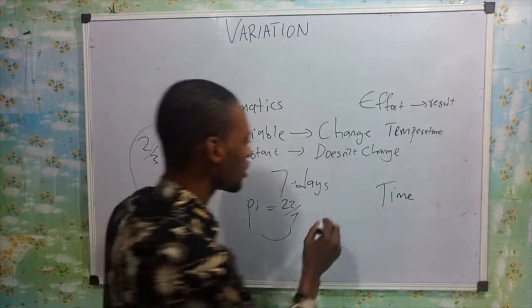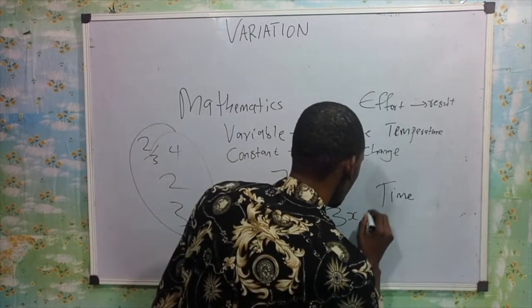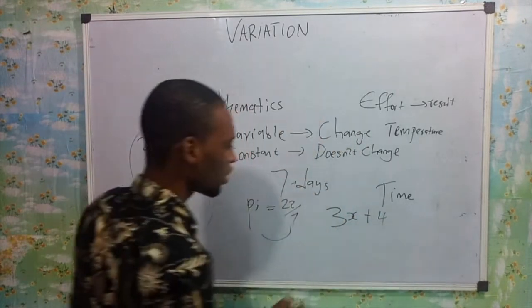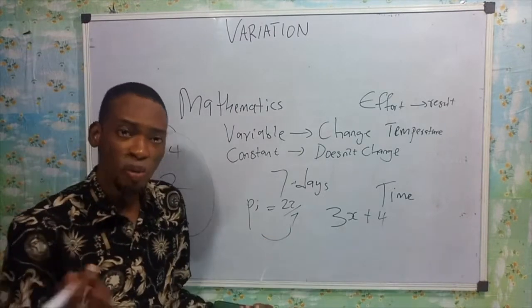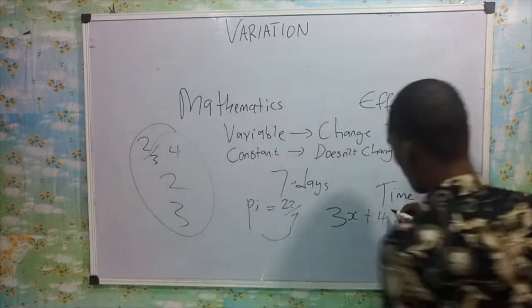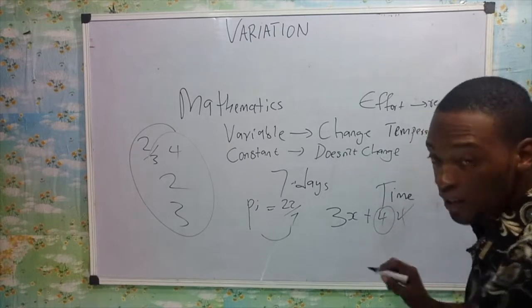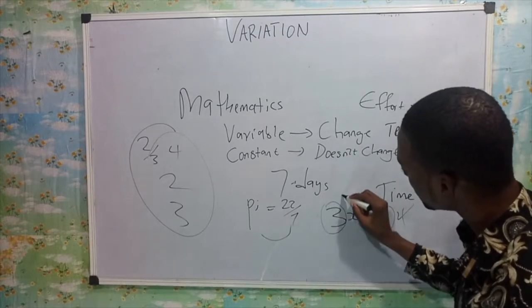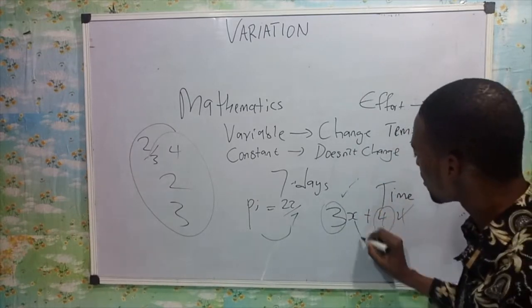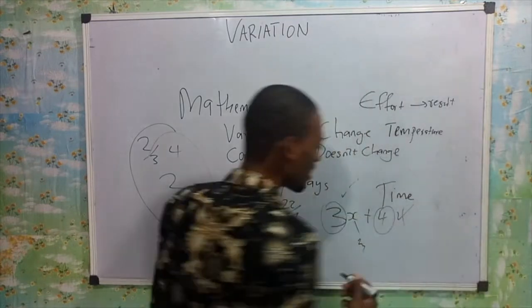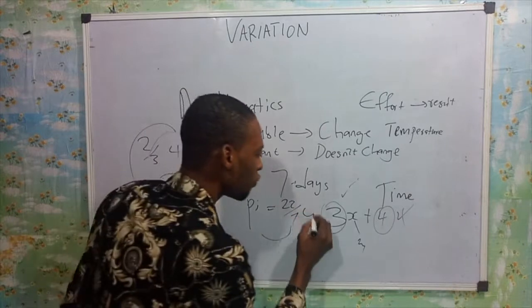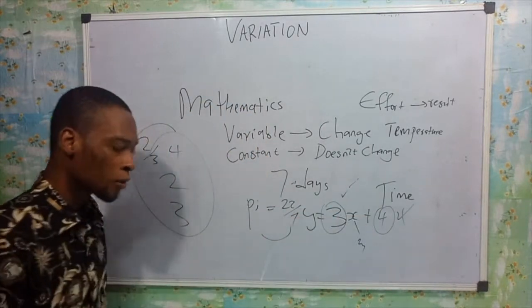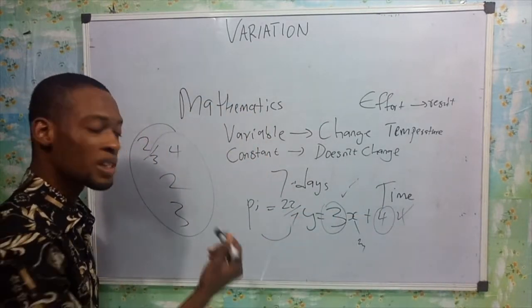And if I should give you something like this, 3s plus 4, okay? From here, it's very easy to point out that the constants are 4 and 3. But s is a variable, so it can have different values. I may be able to say, now, if y equals 3s plus 4, what is y?